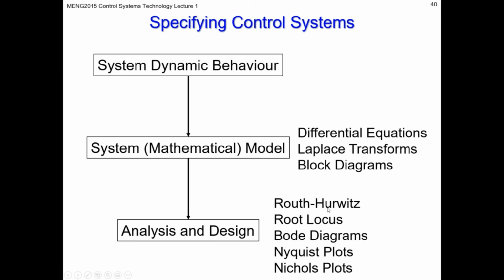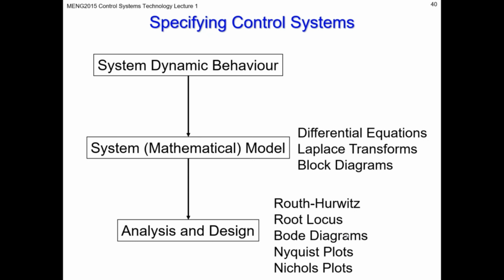One is Routh-Hurwitz. That's a way of determining the stability of a system. Then root locus, Bode diagrams, Nyquist, and Nichols. These last two, Nyquist and Nichols, we don't deal with, but the other three, Routh-Hurwitz, root locus, and Bode, we use all of those to analyze our system.